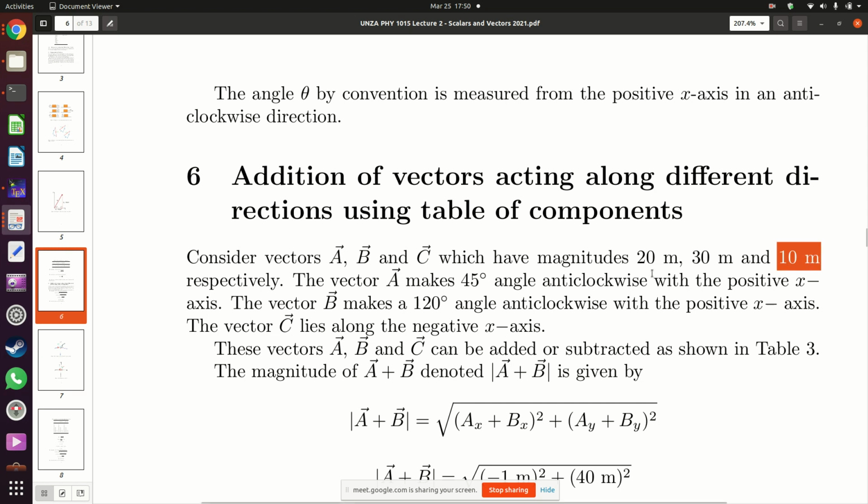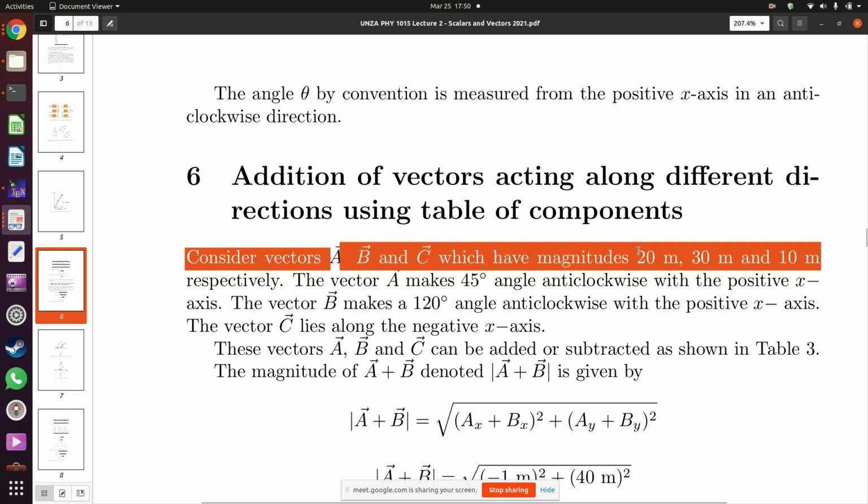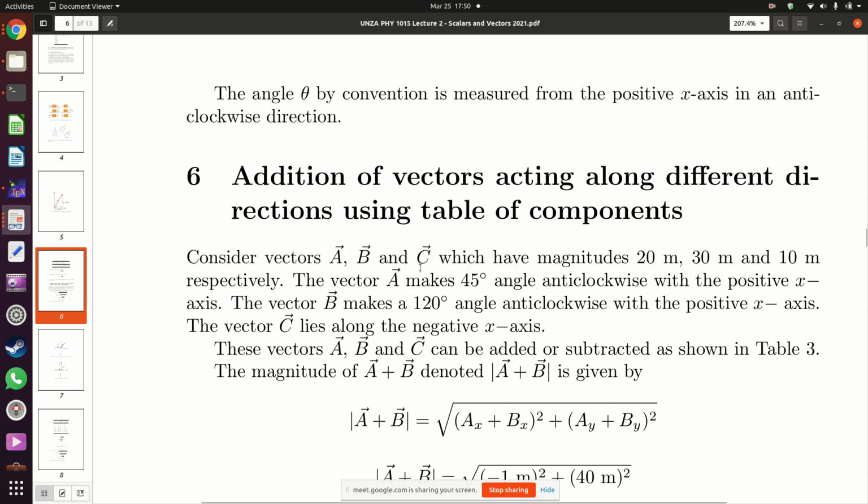So vector A has a size of 20 meters. Vector B has a size of 30 meters. Vector C has a size of 100 meters.